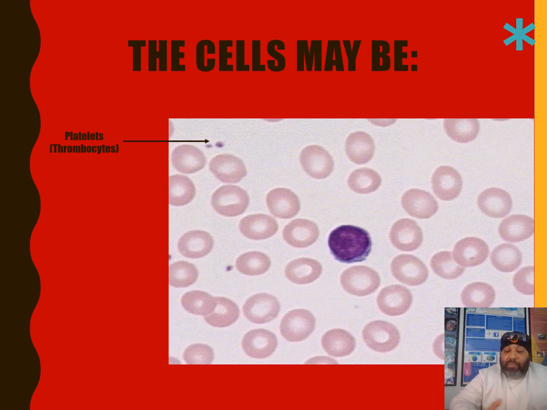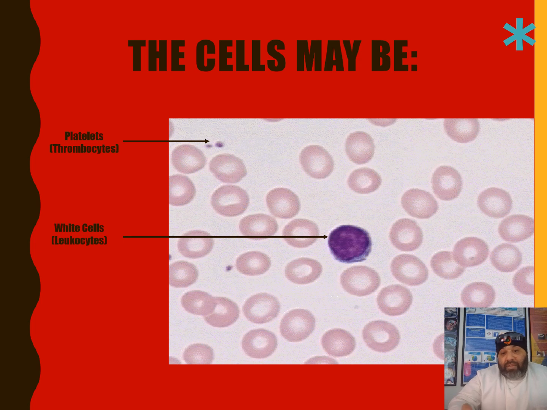Platelets are important for blood clotting, and in hematological terminology, platelets are also referred to as thrombocytes. Then you have white cells, or white blood cells. Generally, white blood cells have several different divisions as well, but generally speaking, white cells can be referred to as leukocytes, or they can be referred to as lymphocytes.